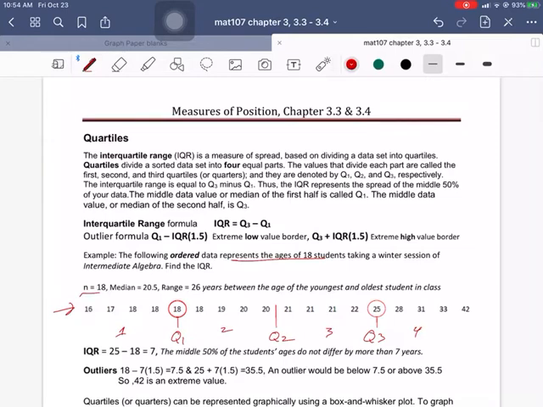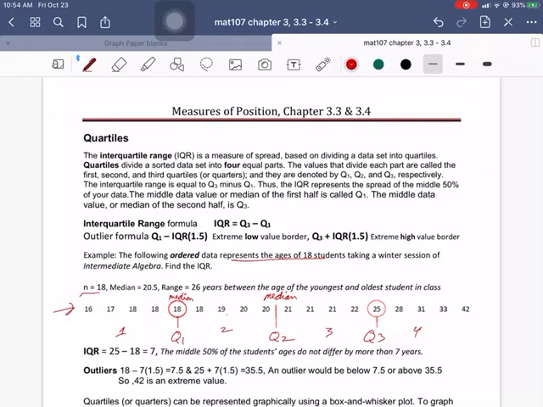So when you have them all nicely laid out, the median, since it's an even number, is between the middle 2 numbers. Then the median of the bottom half, 9 numbers, is an odd number, so the middle number is the median of the bottom half, which is Q1.